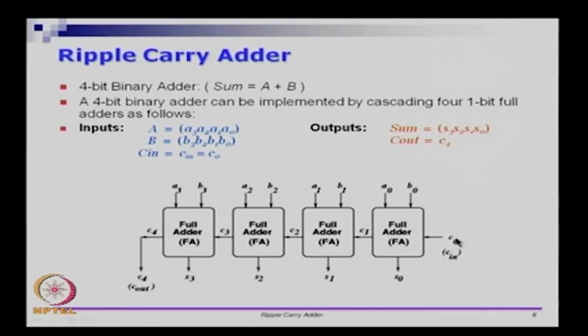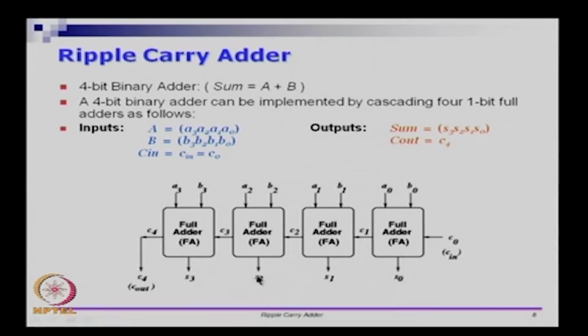Let us say C0 is 0. So all these are ones, A is 1 and B0 alone is 1. So A0 and B0 will result in a sum of 0 and a carry of 1. That one here is coming now, that will flip this sum bit and change the carry bit, which will in turn flip this bit and generate a carry bit, which will in turn flip this bit and generate a bit here.